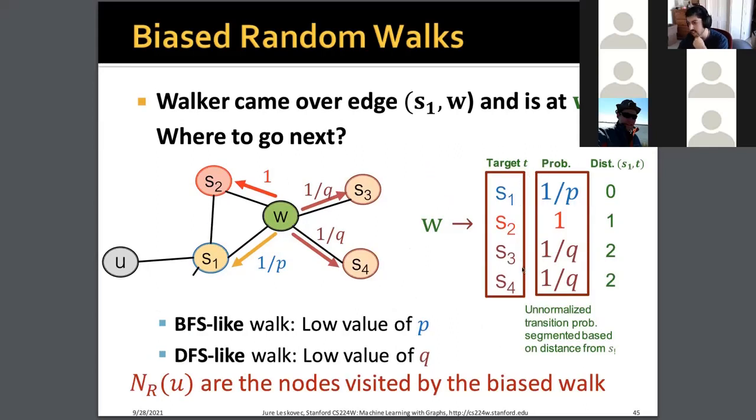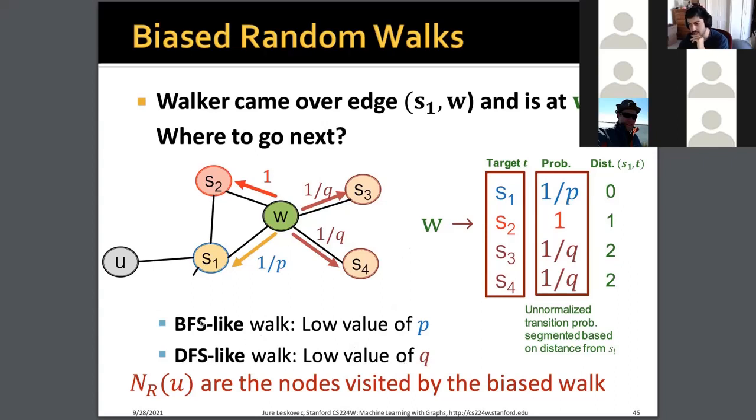This is just a table showing the probabilities laid out, and on the side is the distance of the places from the starting node. If we have a low value of P, it's going to make us act more like a breadth first search, and if we have a low value of Q, it's going to make us act more like a depth first search.